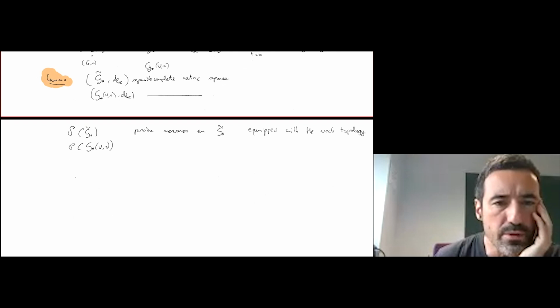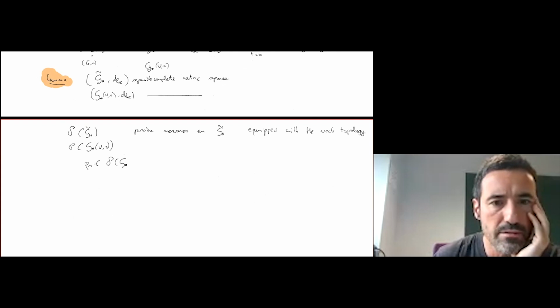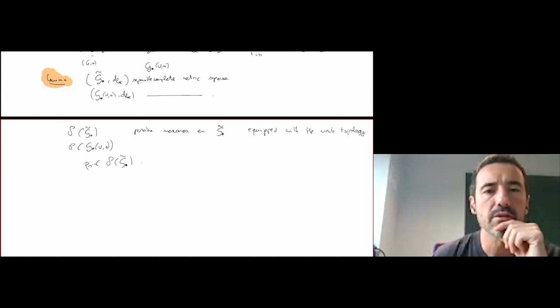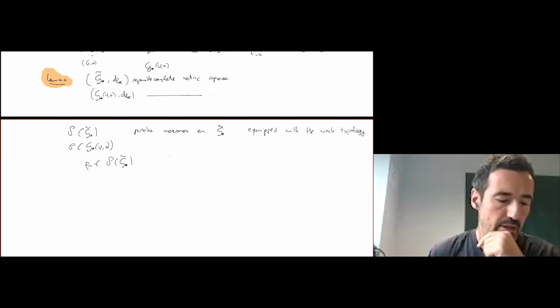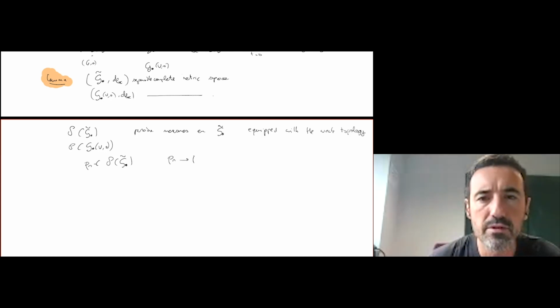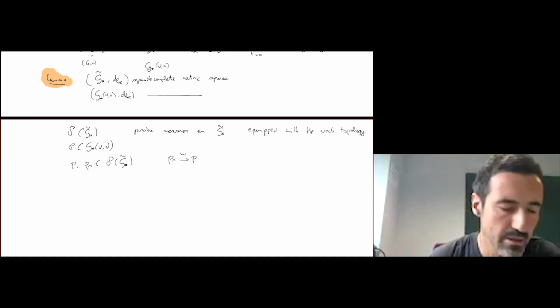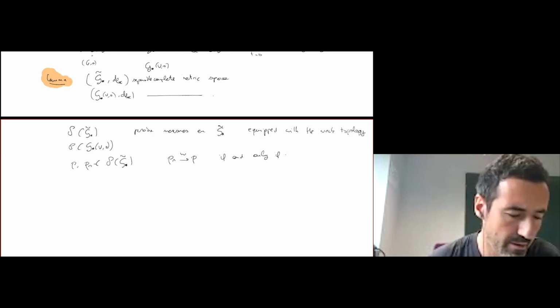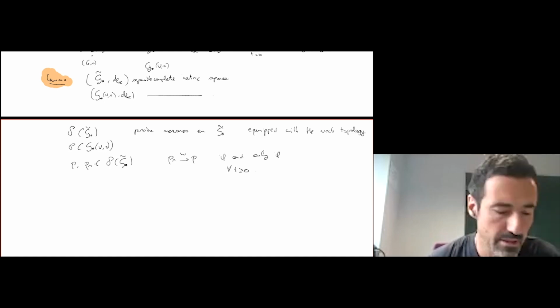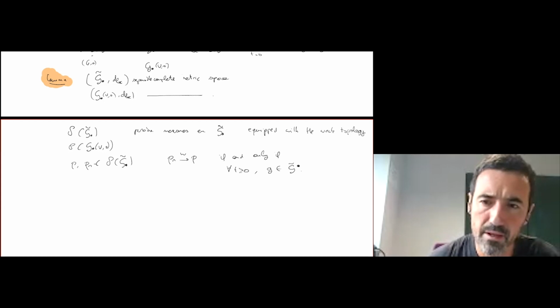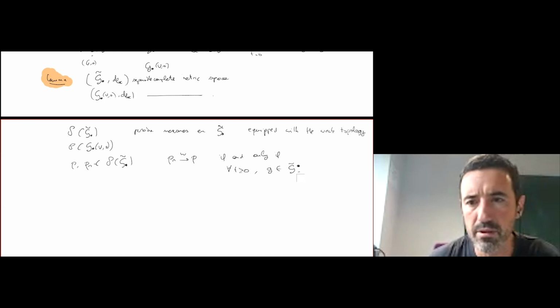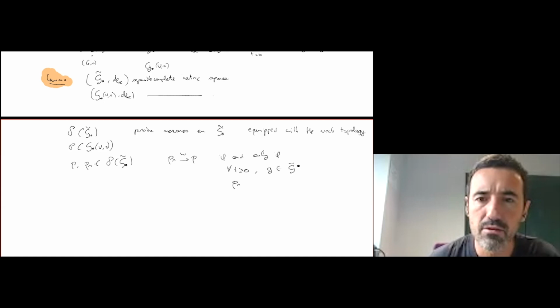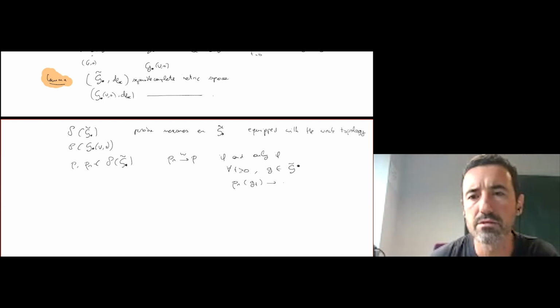Since we are in a discrete setting, it's easy. If you take a sequence of measures rho n, let's say on unlabeled, a sequence of random rooted graphs, you will have that rho n converges to rho weakly, where rho is also such a measure, if and only if, for any integer t, for any g, the mass rho n of g of t converges to rho of g of t.